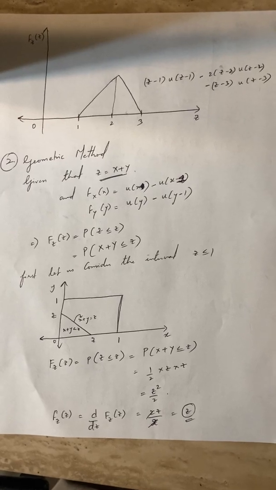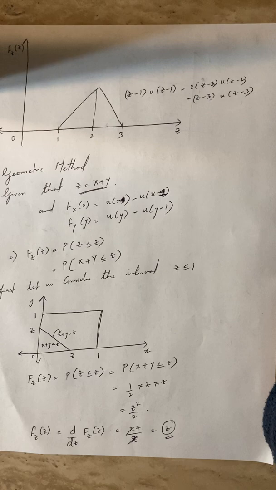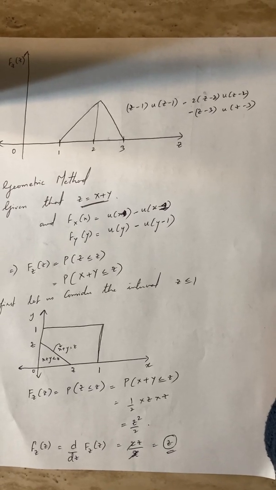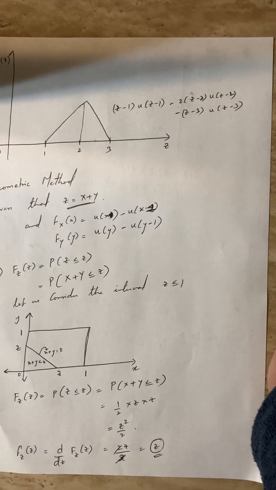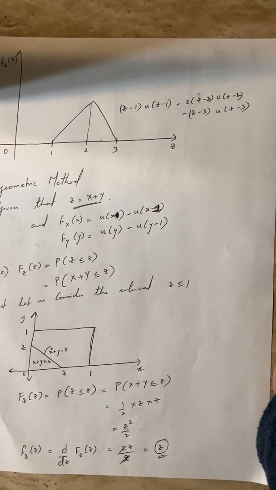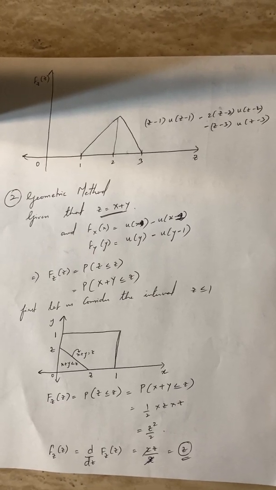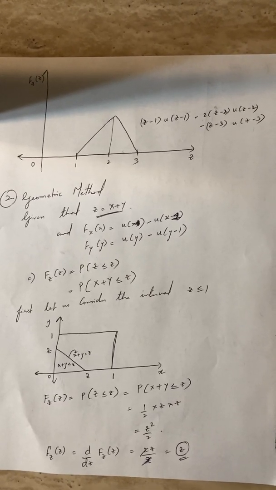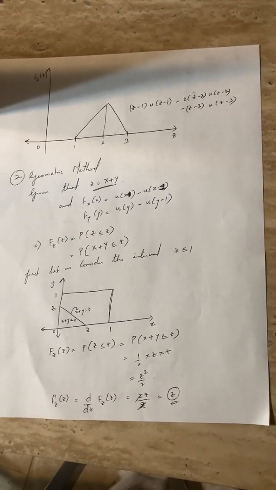Coming to the second method, the geometric method. We are given that z is x plus y, and I've assumed the density function of x as u of x minus u of x minus 1, and the density function of y as u of y minus u of y minus 1, simply because it becomes easier to calculate with these values, and later we can shift it rightwards by 1 to get the required answer.